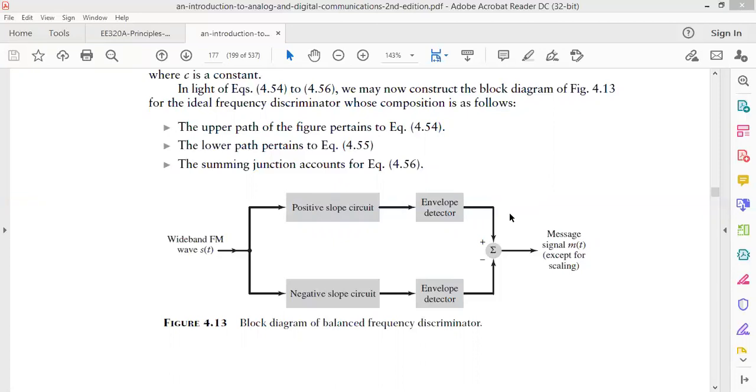And on the other hand, if I want to attenuate the high frequency component, I need another opposite circuitry that is known as de-emphasis circuitry.